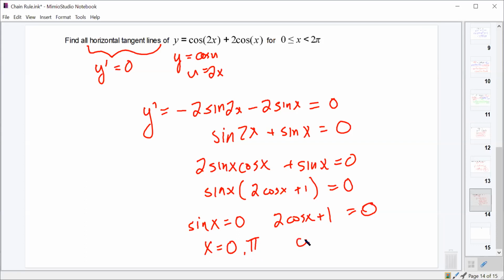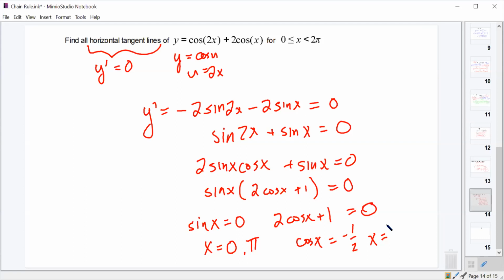And what about this? This tells us that cosine x equals negative 1/2. And when is cosine equal to negative 1/2? You should all be able to tell me immediately.